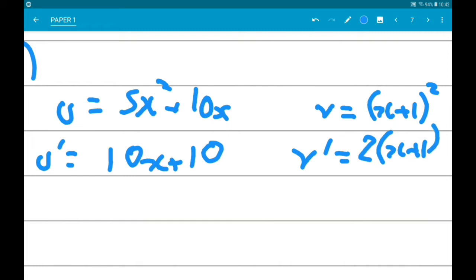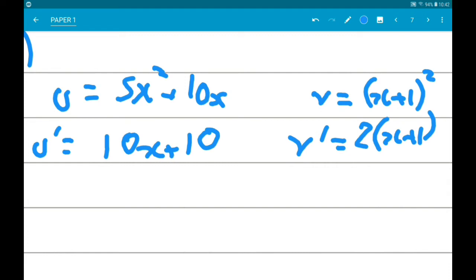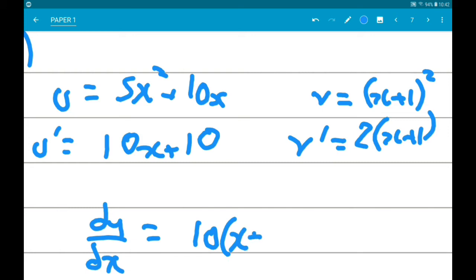Okay, now dy by dx is u dashed v, so 10x add 10, which we can write as 10 lots of x add 1, times x add 1 squared. And then it's minus v dashed u.